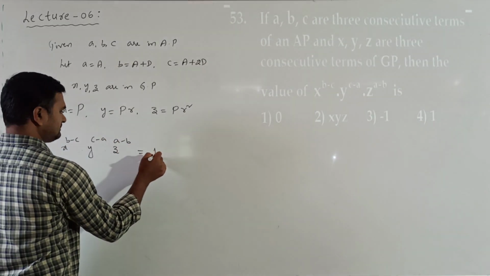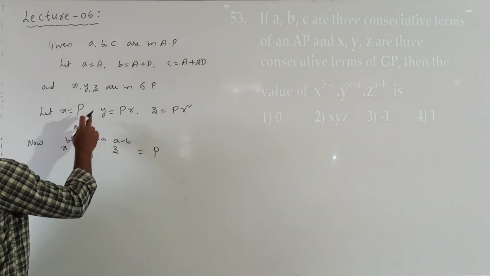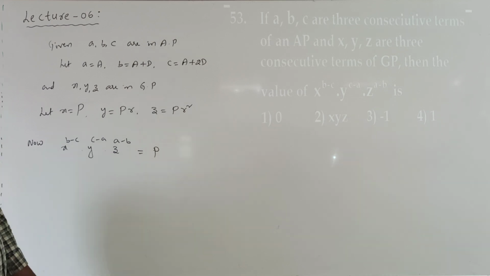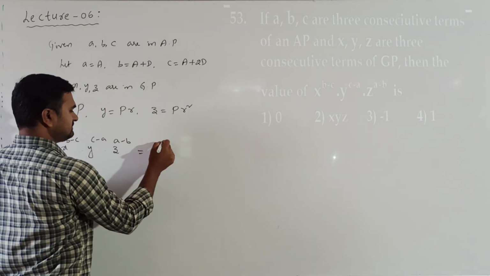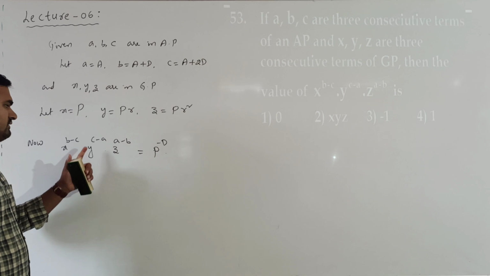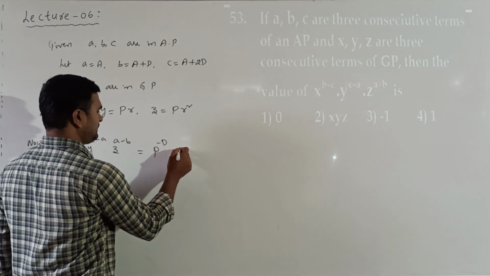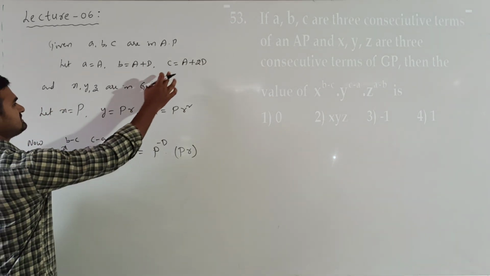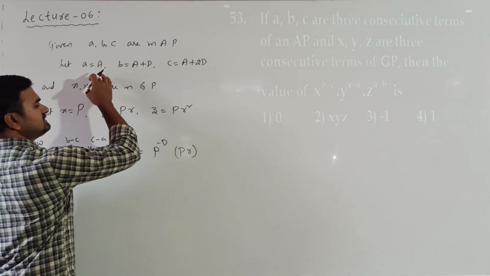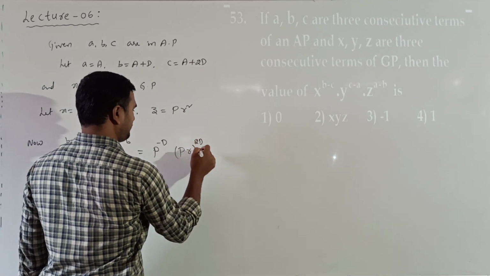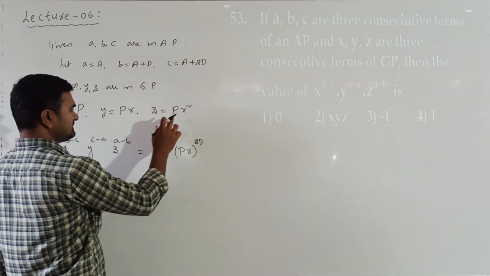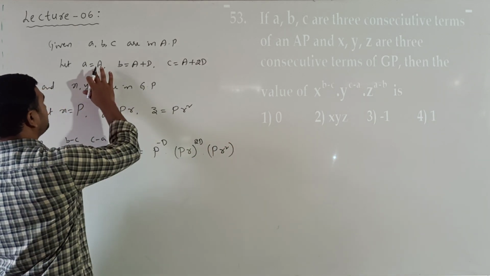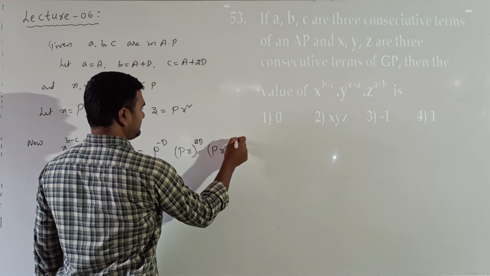x means p power b minus c. What will be b minus c here? Take the difference, a will get cancelled, minus d. y power c minus a, y is pr, power c minus a, what is c minus a, it is 2d, into z power a minus b, z is pr square, power a minus b, what is the difference, a minus b means minus d.